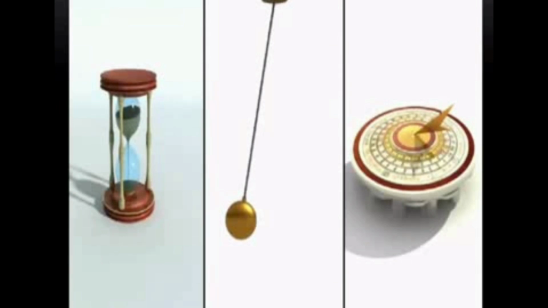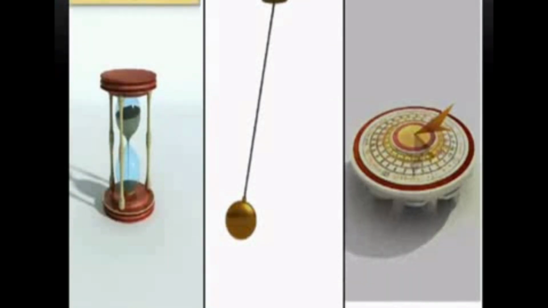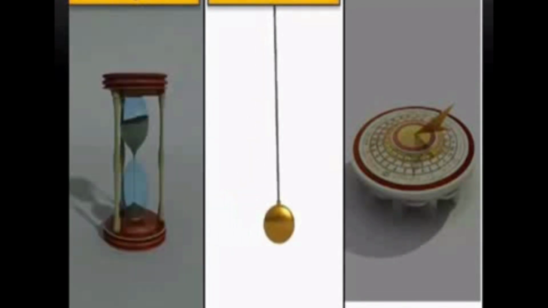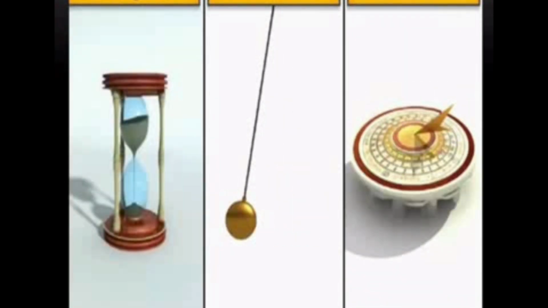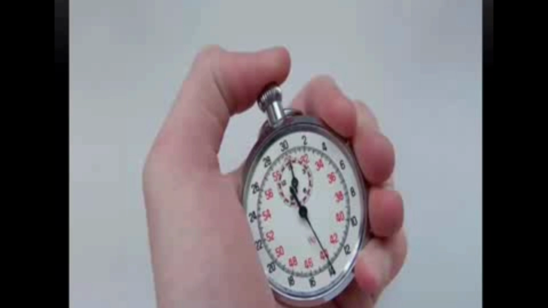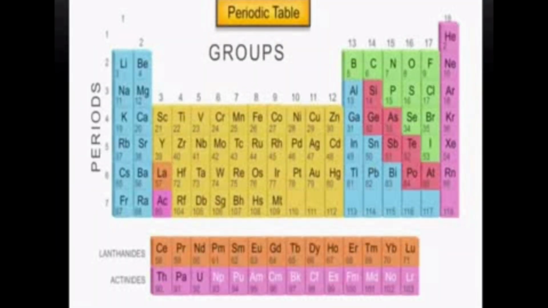So these are all the instruments used for measuring time. The first one is a sand clock, another one is a pendulum, then the last one is the sundial. These instruments were used to measure the time period in older days. Nowadays we are using the stop clock and the atomic clock, these types of instruments, to measure time accurately.